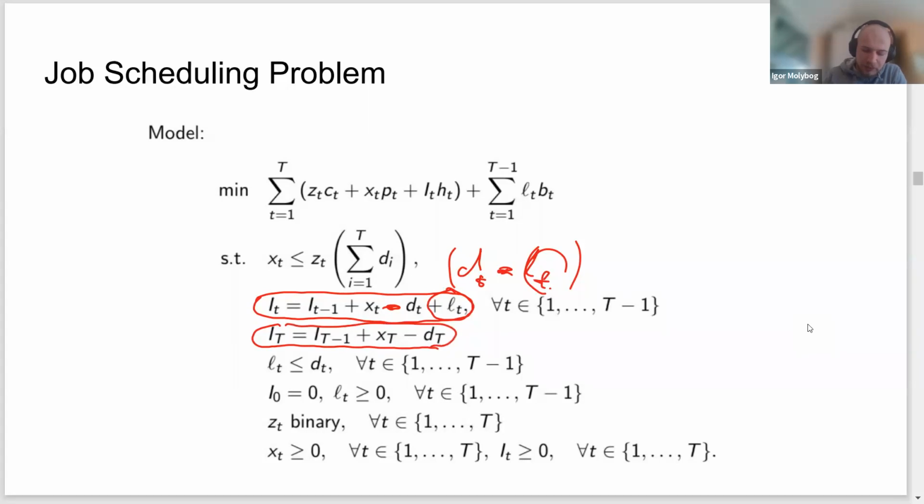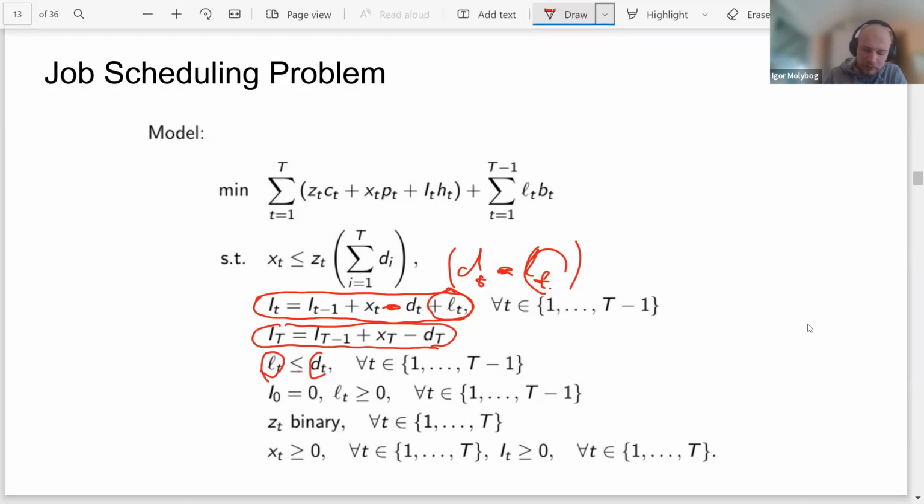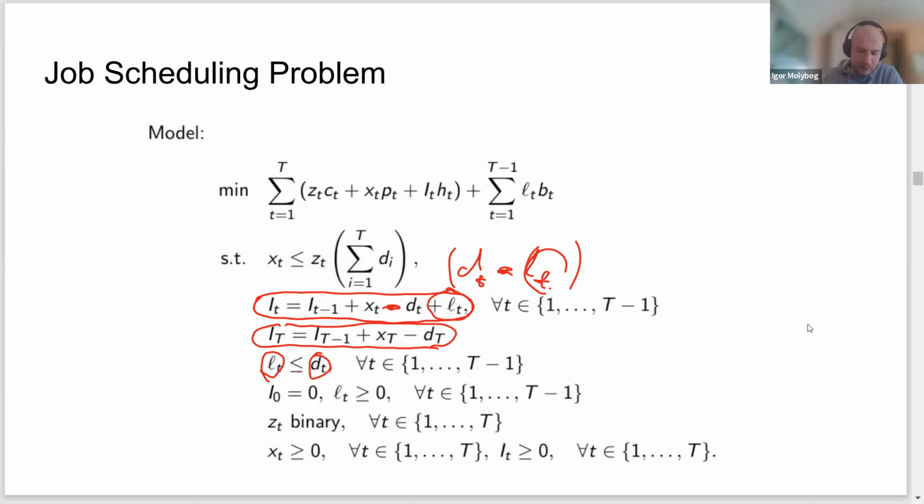And also, we are saying that our demand not being satisfied must be less than or equal to the total demand, just because we cannot unsatisfy a negative demand. That's pretty much it. That's the difference this addition makes to the constraints.